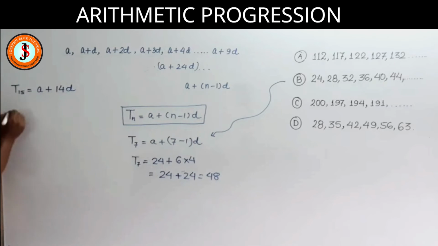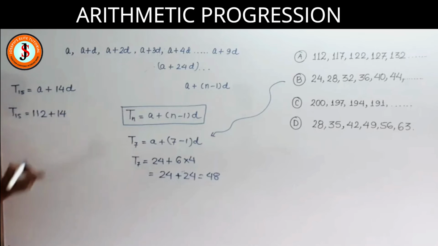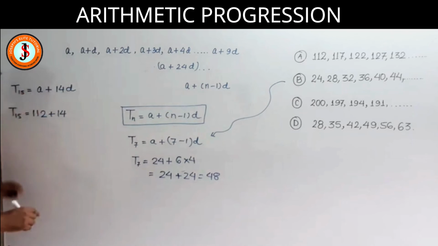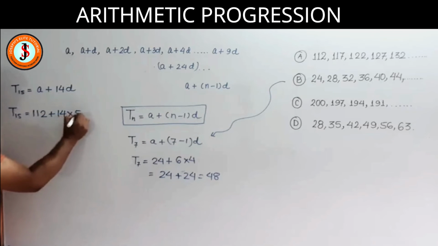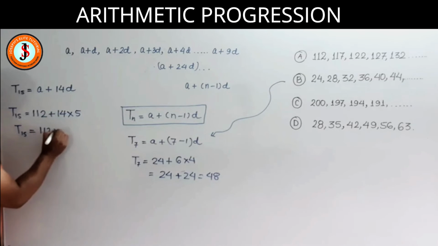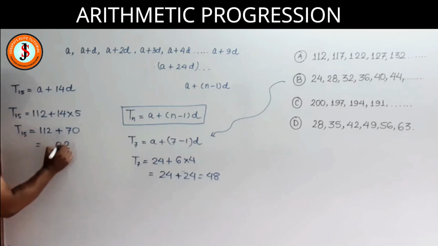For this sequence, A is 112 and D is any term minus the preceding term, so 117 minus 112, that is 5. So T15 will be 112 plus 14 times 5, which is 70. So 182 will be the 15th term.